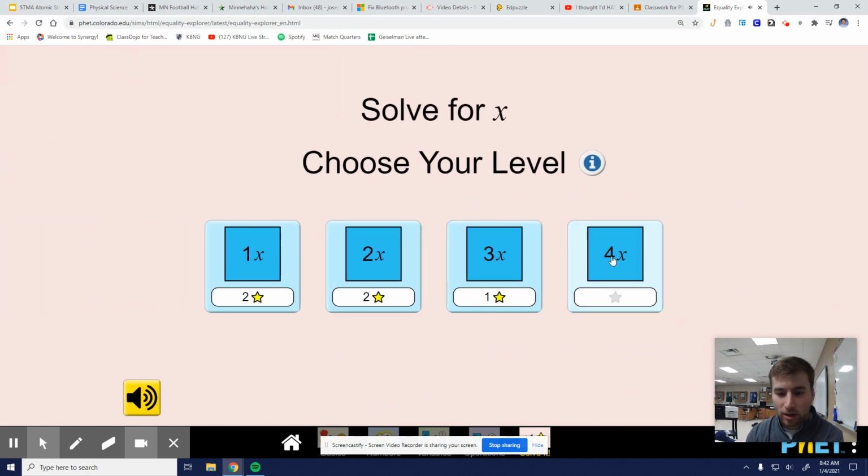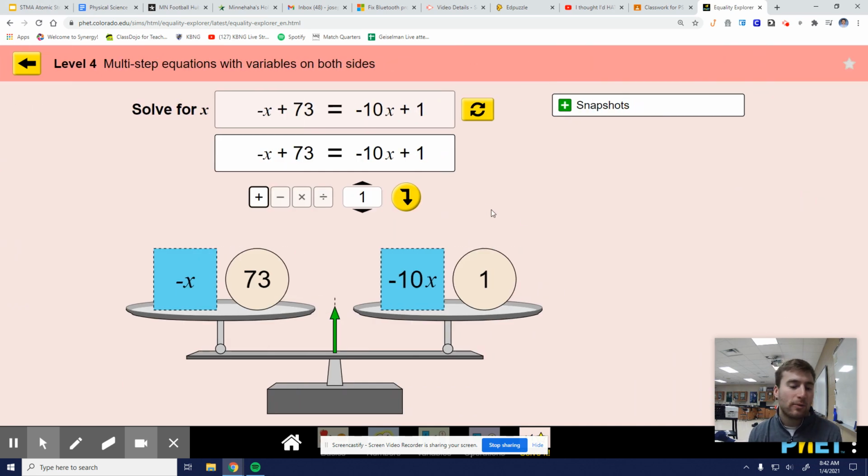And finally, the 4th one, 4-step problems. To start, I have x on both sides. We don't want that. I want x on only one side. So let's add x to both sides.